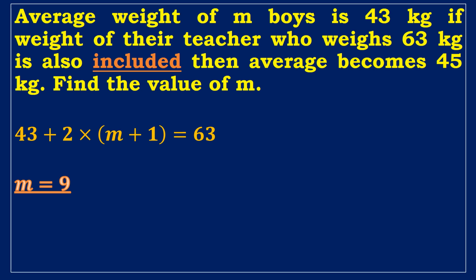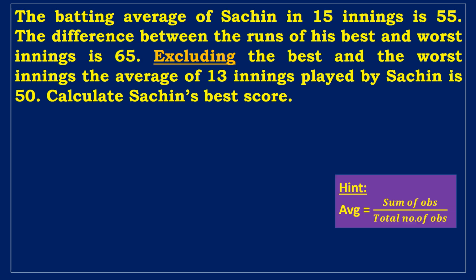Let's look at the third example. The average mark of a group of 19 students is 76. When the mark of one student is excluded, then the average is decreased by 2. Calculate the mark of the student. Given that the average mark of the group of 19 students is 76, we know that if the mark of one student is excluded, the average is decreased by 2.